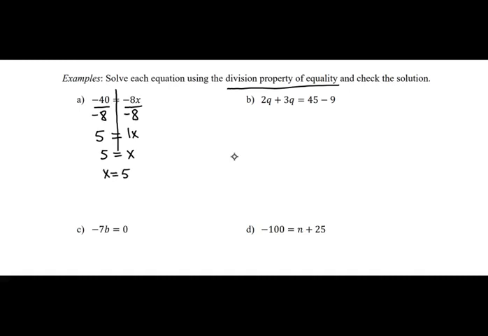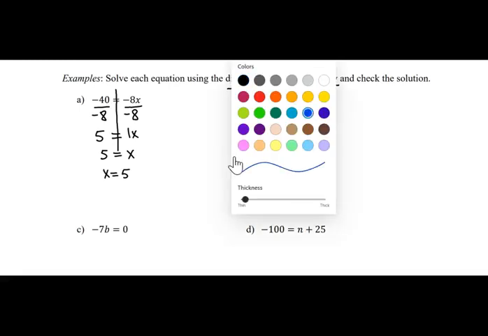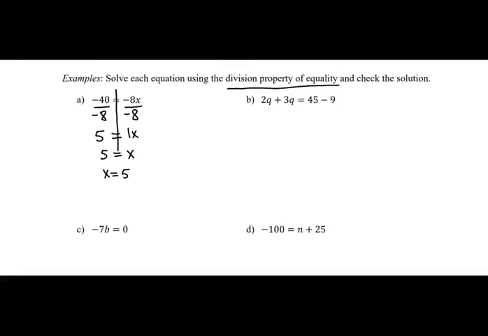To check for our solution, we substitute 5 for x and see if the equation holds true. I have -40 equals -8 times 5. -8 times 5 is -40, and -40 is indeed equal to -40, so this is true. We got the correct answer, x equals 5.